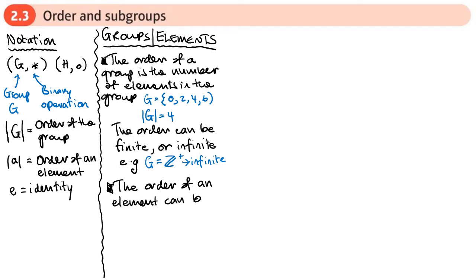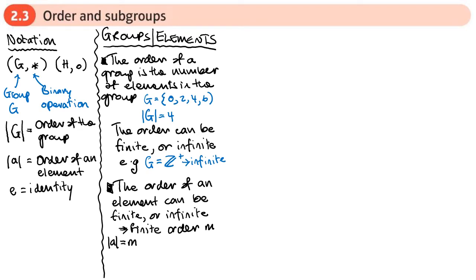So let's start with elements which have a finite order. Now let's say an element A has a finite order m. Okay, so the order of A would be m.